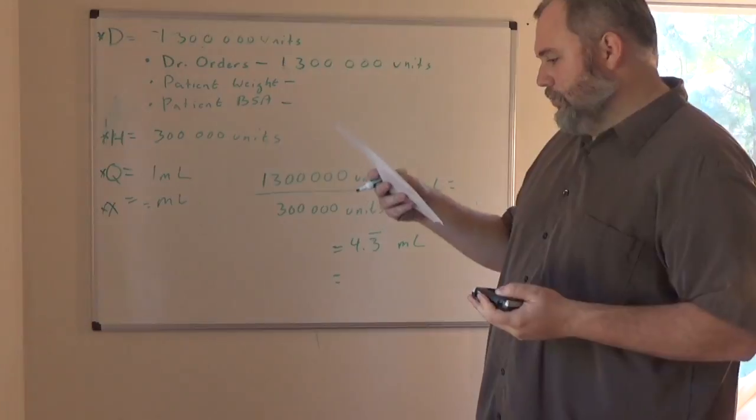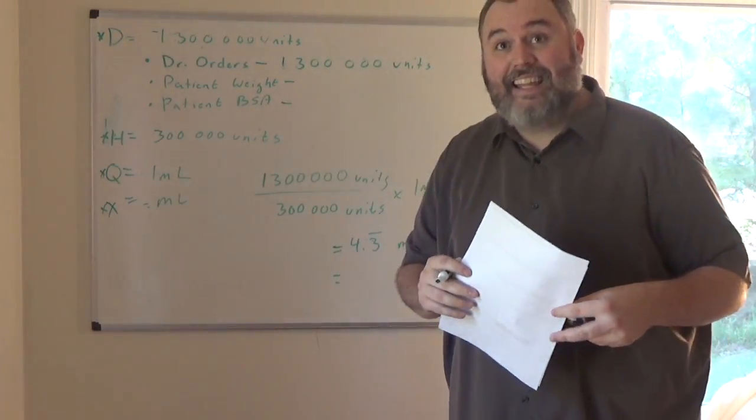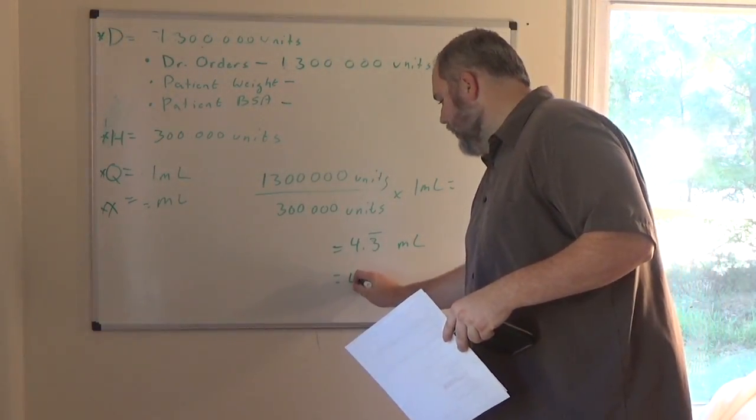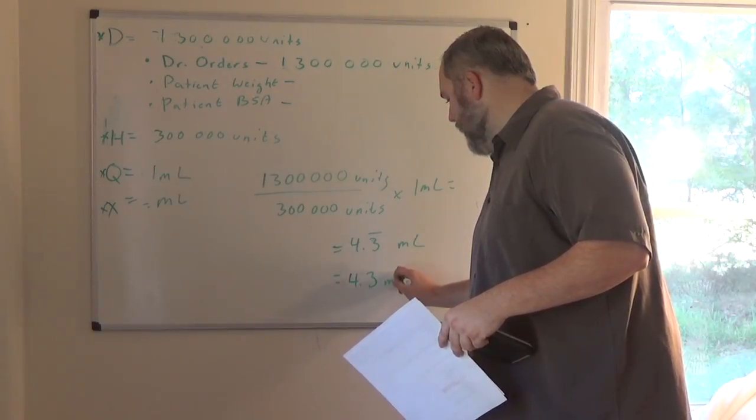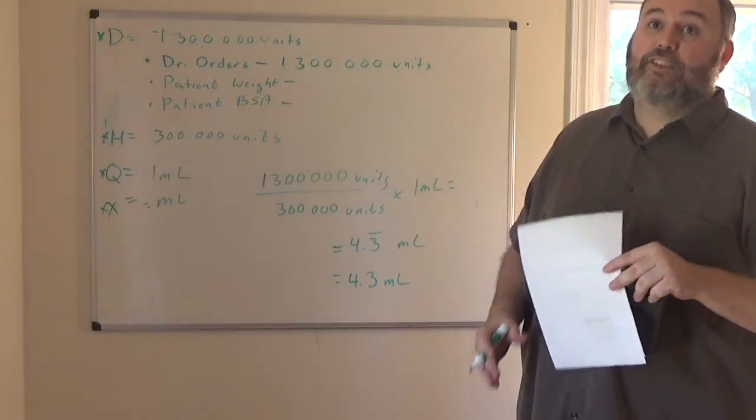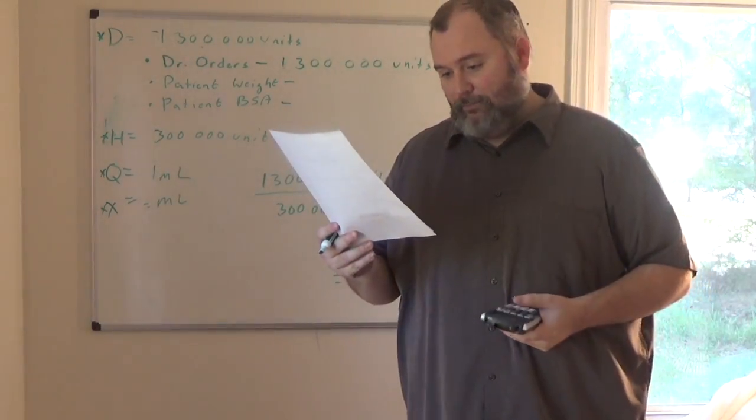The problem tells me to round to the nearest tenth, and when I do, that gives me 4.3 mLs. So I have to give that patient 4.3 mLs of that medicine.